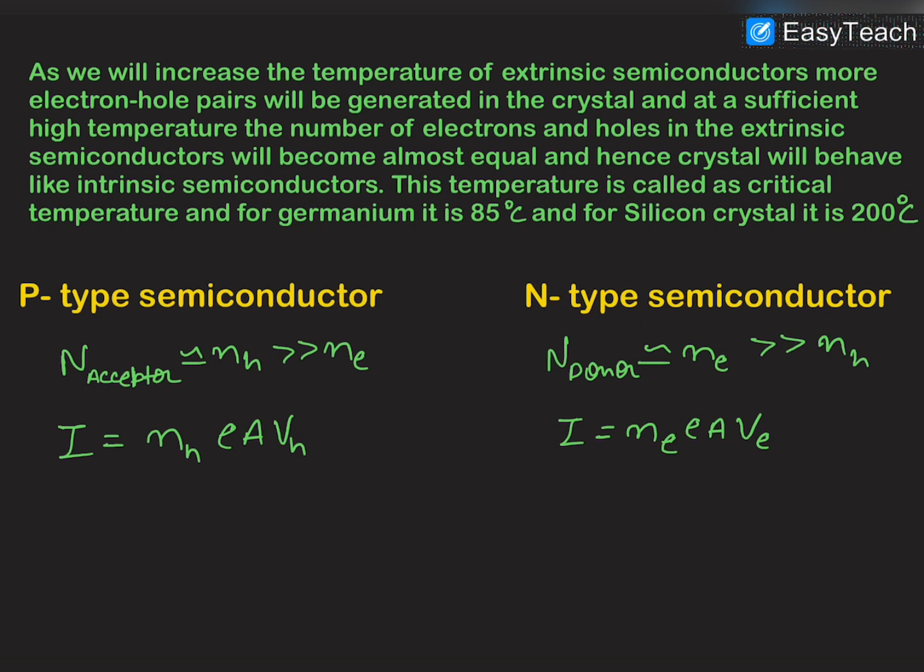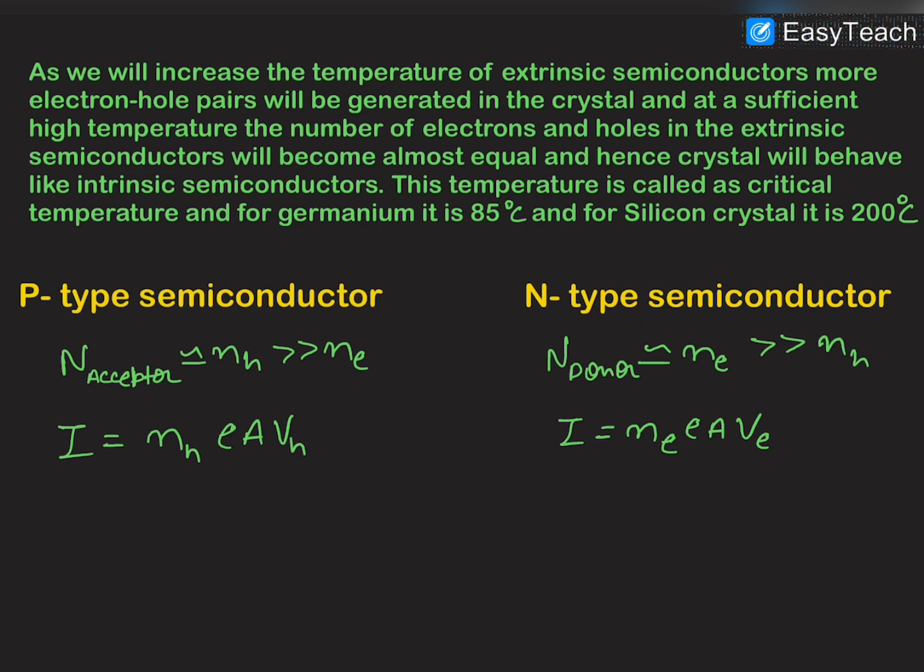It is obvious that germanium has the lower critical temperature, due to the fact that, you know, germanium has a forbidden energy gap of only 0.7 eV, while silicon has a forbidden energy gap of 1.1 eV. So it is more difficult in silicon for electrons to jump from the valence band to the conduction band, and hence a large amount of temperature is required for that in silicon.